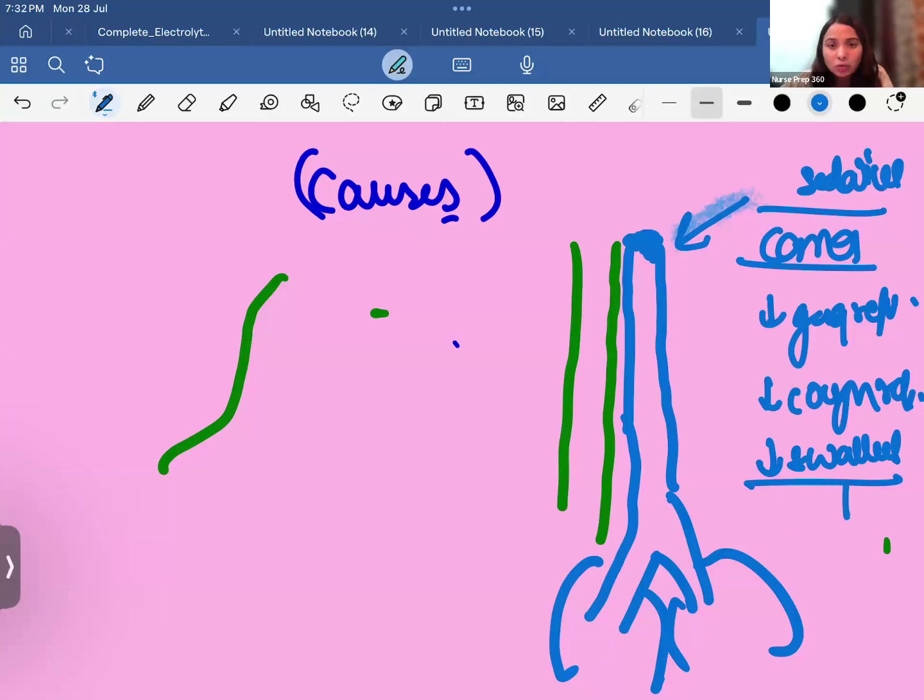The patient cannot swallow. These muscles are very relaxed. So what will happen? Just imagine you have just given food to the patient.